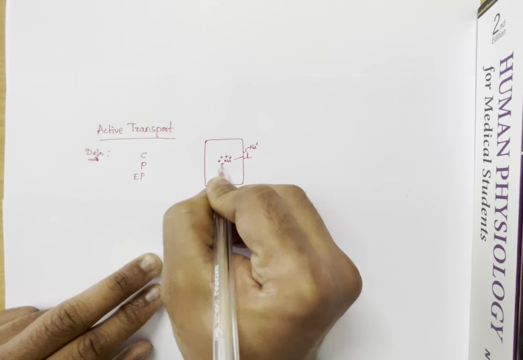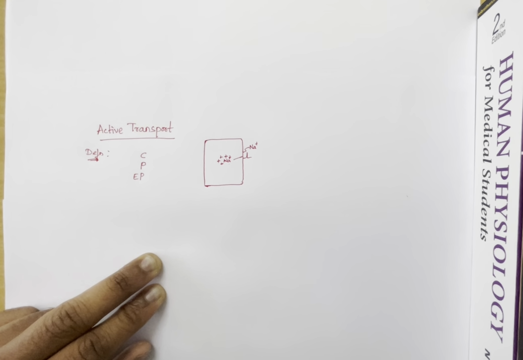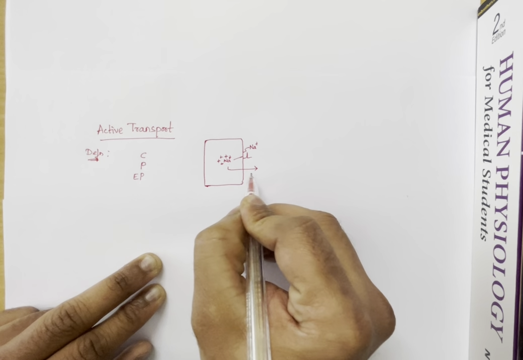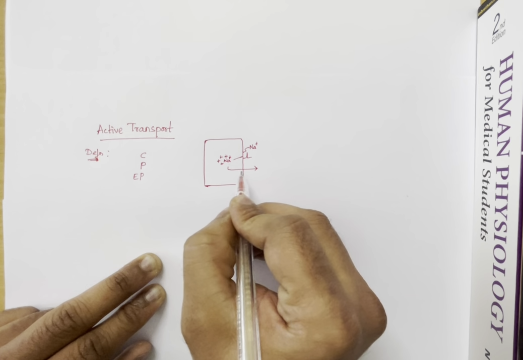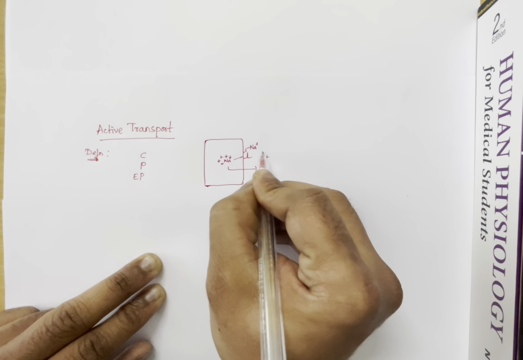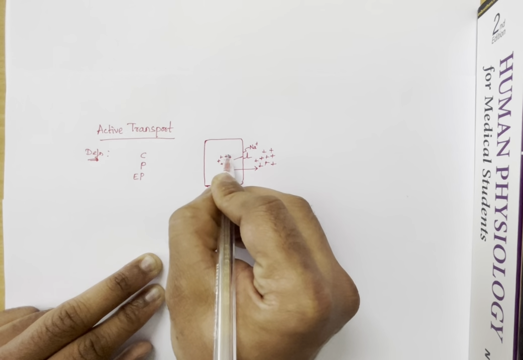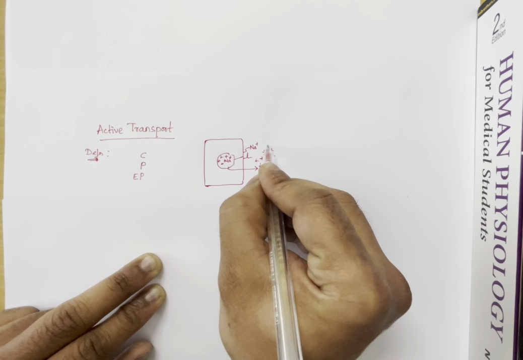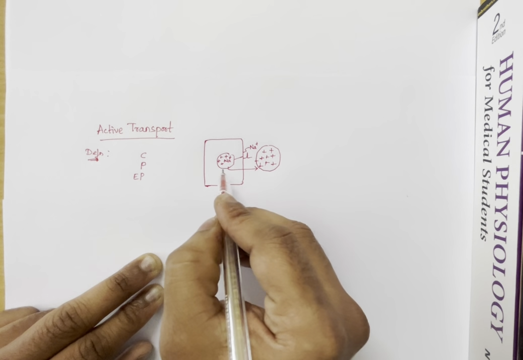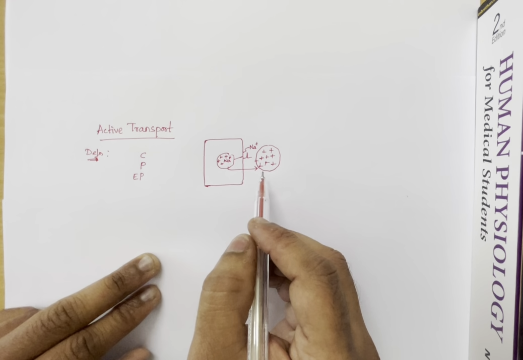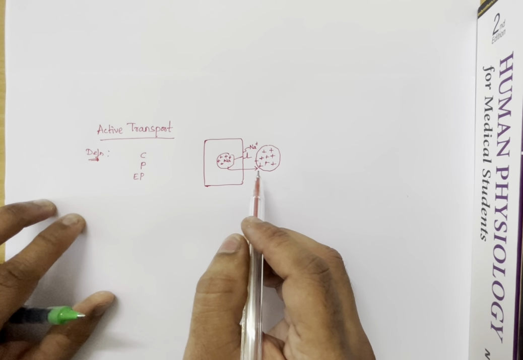And how these sodium ions are pumped back to the extracellular fluid is by active transport mechanism against the concentration gradient. So sodium concentration is less inside the cell when compared to exterior. So how the ions are pumped against the concentration gradient is an example of active transport mechanism.